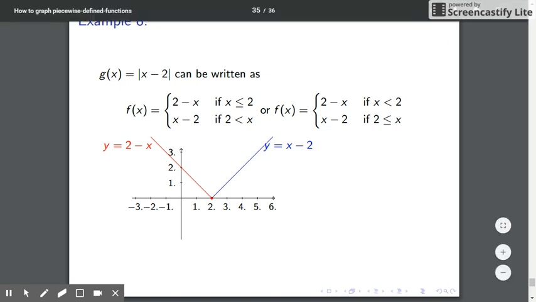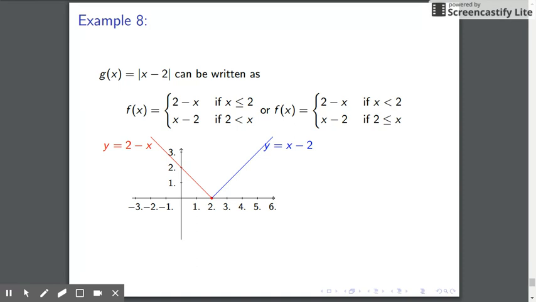Here's another example. If you have g of x equal to the absolute value of x minus 2, then this, or the absolute value of anything, can be written as a piecewise defined function. For values less than or equal to 2, the inside is going to be less than or equal to 0. For values bigger than 2, the inside of the absolute value is going to be bigger than 0.